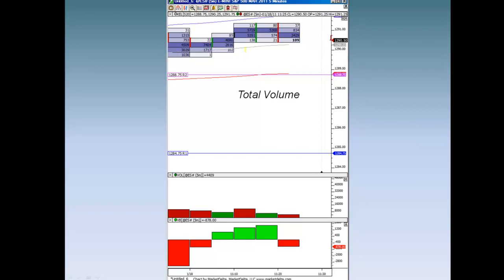So this is showing me where the greatest participation of traders is in this bar. At what price? Are they buying at the high of the bar, or are they transacting at the highs, or are they transacting at the low? Where is the market facilitating trade? Is it on the upper end of the range or the lower end of the range?